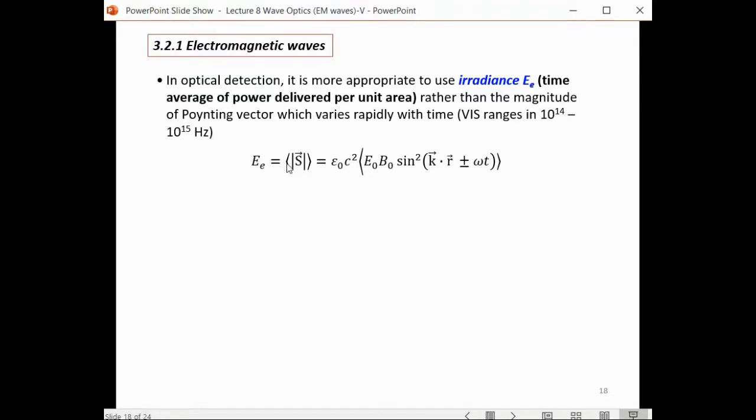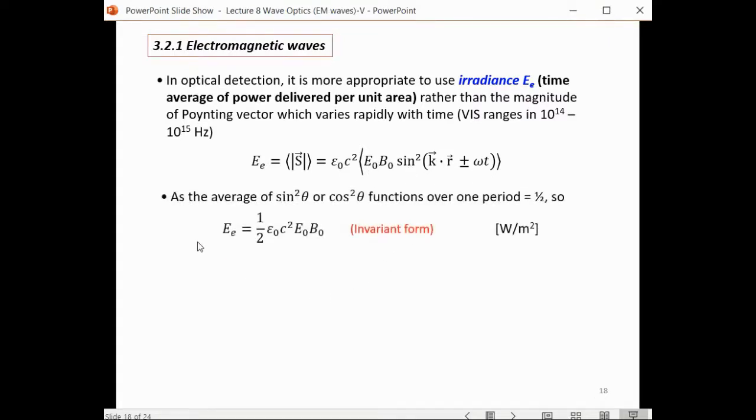And so we will take the time average, given by this bracket here, of the E cross B field, where E is represented by E0 sine of k r plus or minus omega t, and the B field is given by B0 sine of k r plus or minus omega t. So this expression here has a sine squared term, and the average of a sine squared function over one period will give you a value of half.